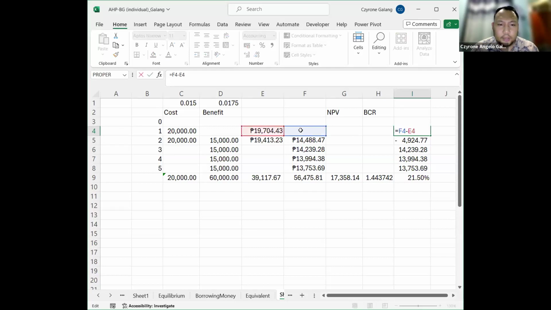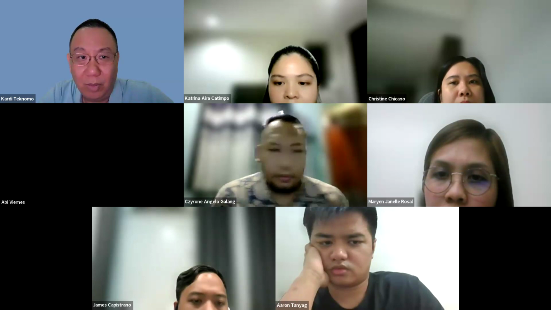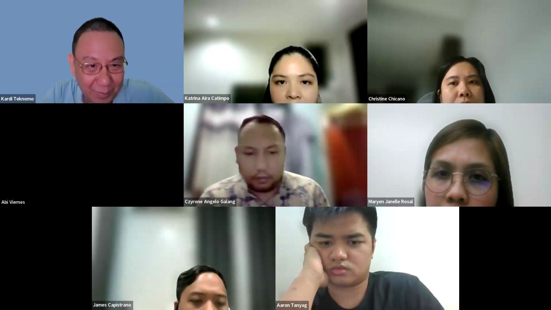Minus the benefit minus the cost for each year. Right. In the formula, you just type IRR then the columns. So to get IRR correctly, you should have a positive and minus. Okay. If only positive, it will not work. Only minus will not work also.